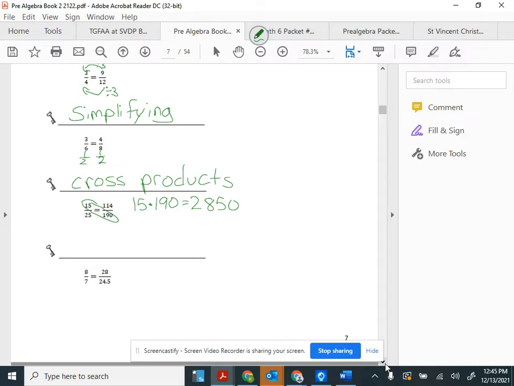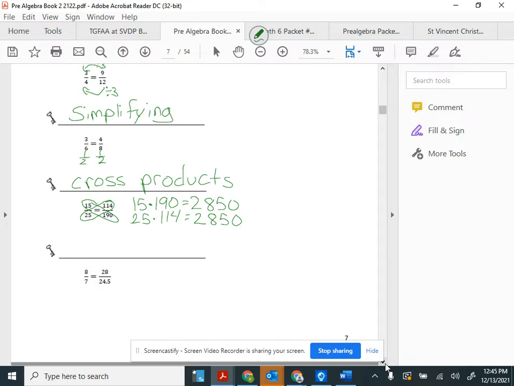Now we're going to multiply the other cross products, 125 times 114, and shocker, we get the same product. So we know they are proportion if we're getting the same cross product. If you multiply the cross products, you get the same number. So you know it's a proportion.